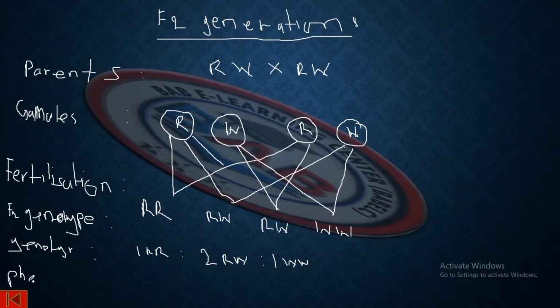Thus, the phenotypic ratio is 1 red, 2 Rowan, and 1 white.